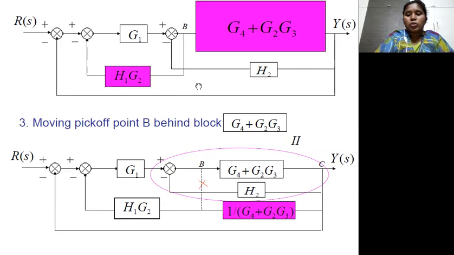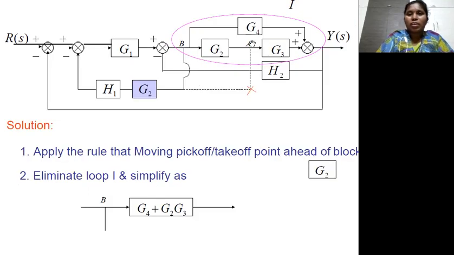So here I am simplifying the blocks G2, G3 and G4. G2 and G3 are both connected in series, and series connection means it can be represented by the product of the two blocks, that means G2 into G3. Now G2 G3 is connected in parallel with G4. Why? Because the input B is given to G2, G3 as well as G4.